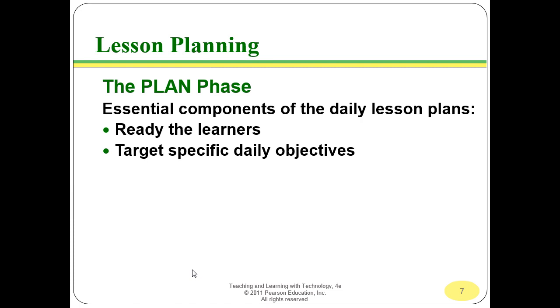We need to basically review with the students because let's face it, our memories aren't perfect. And so doing some review is always a great thing to include in a lesson plan. And then you target your specific daily objectives. What is it that during that class period you're going to want your students to learn?